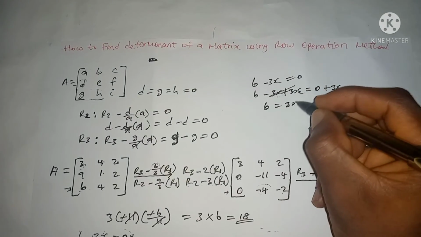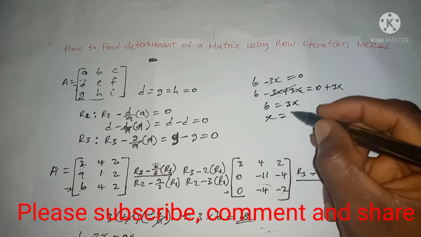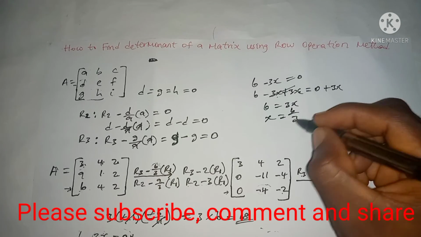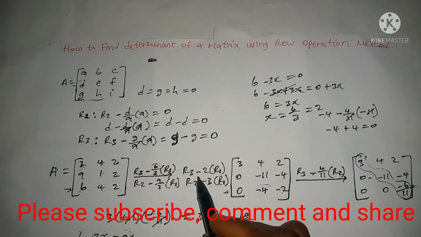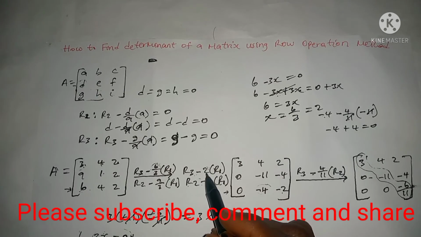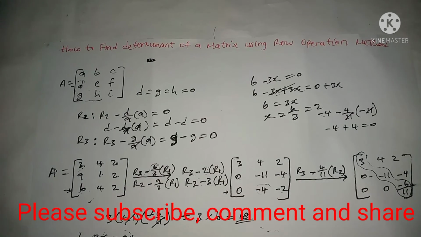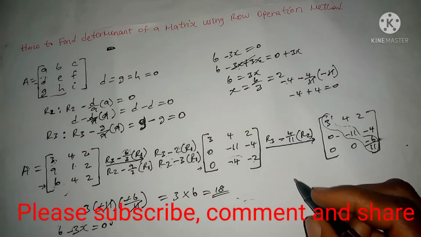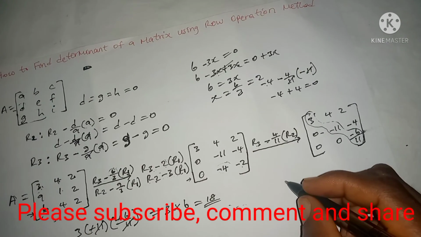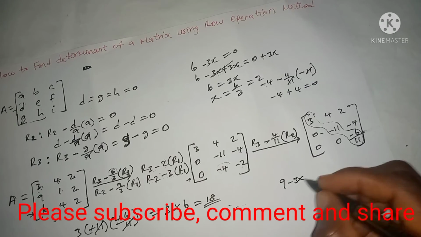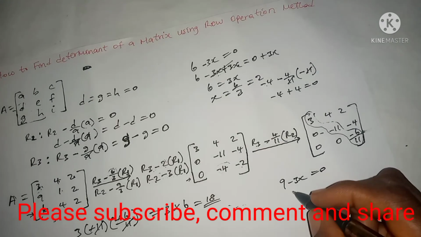6 equals 3x. Now x equals 6 over 3, which is the same thing as 2. So that's how I got this 2 here now. So let's do the same thing for this 9. Then we have 9 minus 3x equal to 0.